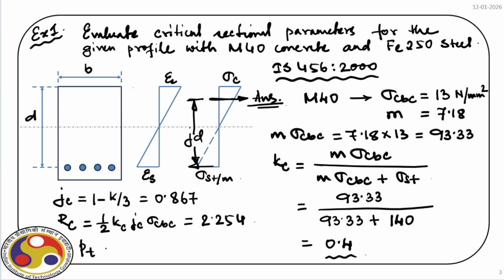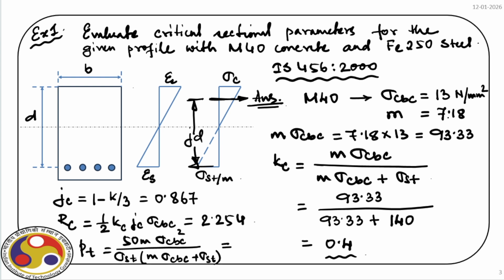We derived the expression, and that is 50 m sigma CBC square divided by sigma ST times m sigma CBC plus sigma ST. And if you put all the values, we know the value of m.